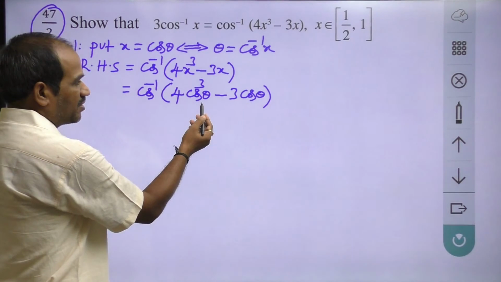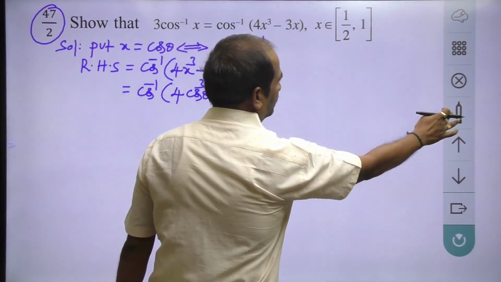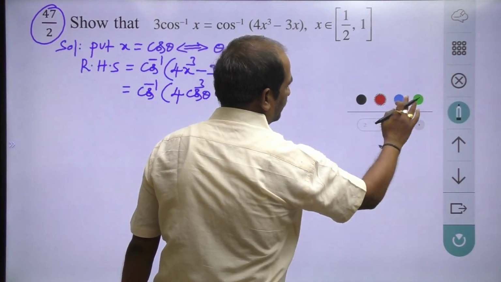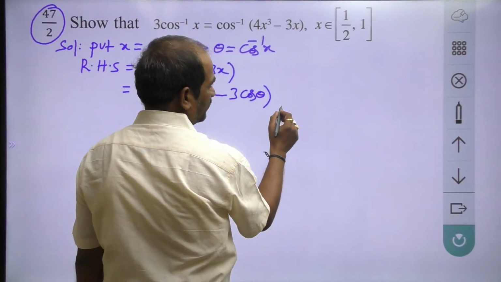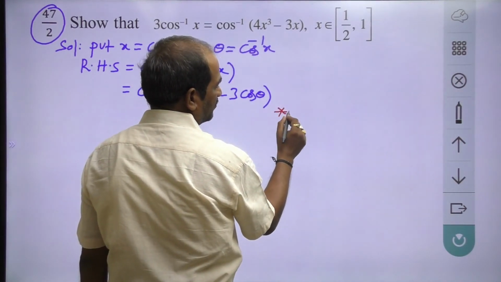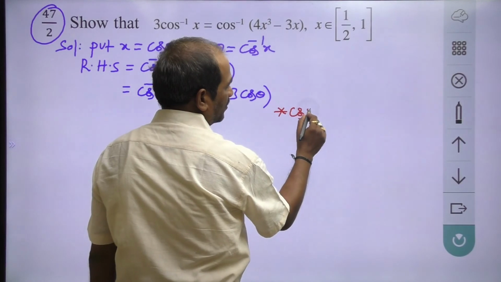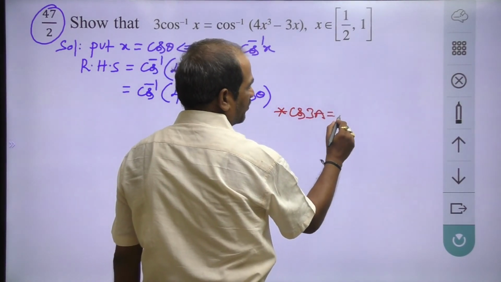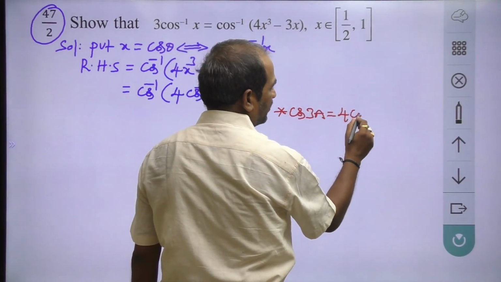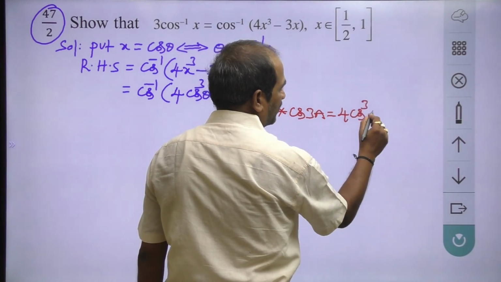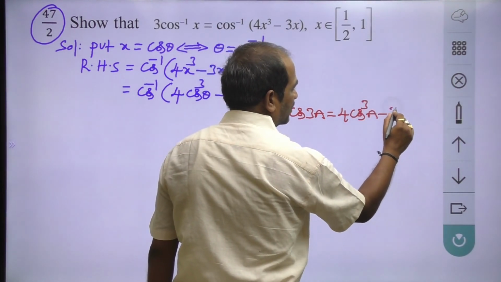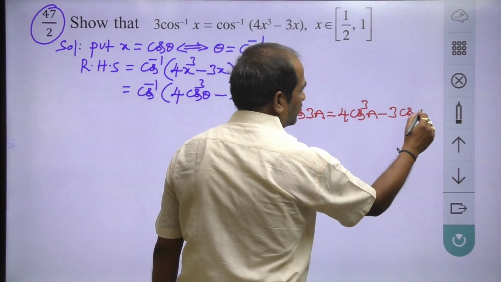Okay, this is the formula. See here, the cos 3a formula. Cos of 3a is equal to 4 into cos cube a minus 3 into cos a.